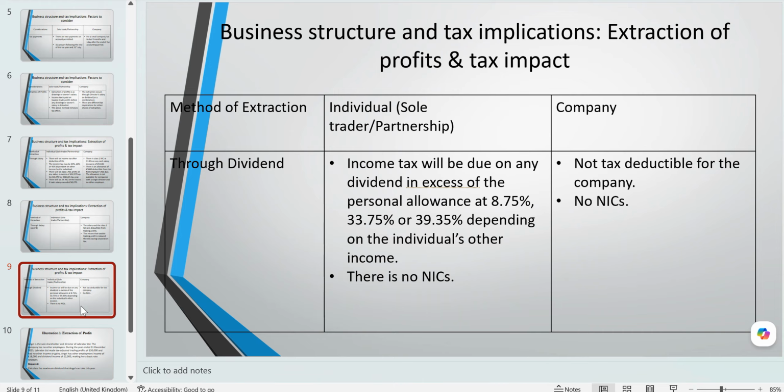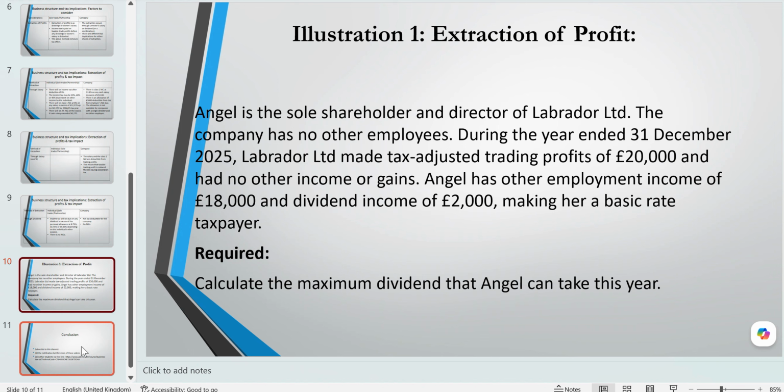There is no national insurance contribution for sole traders and partnerships. But for companies, if you're extracting profit through dividend, it is not tax deductible for the company, and there is no national insurance contribution. So we do a little example here.